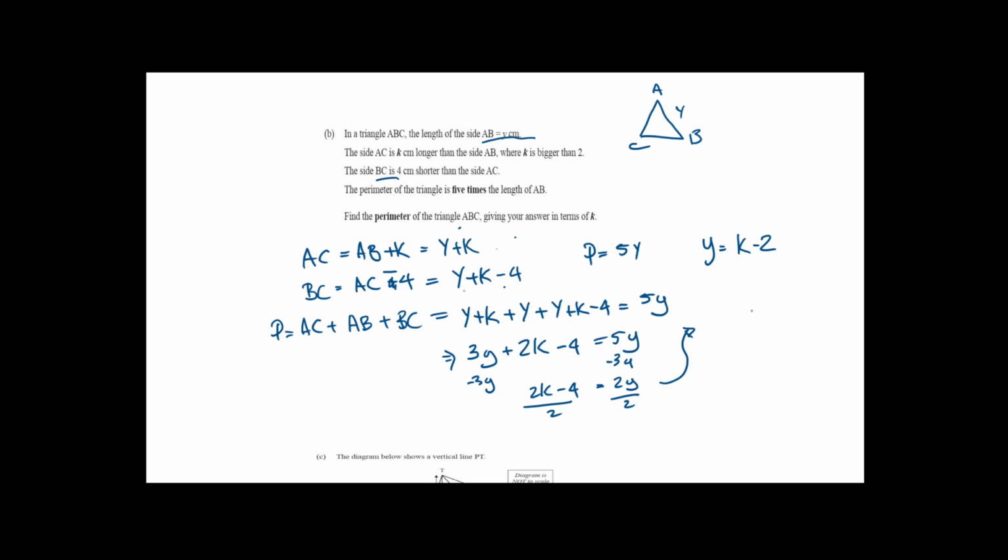Okay. So the perimeter we know is 5y, and if y is that, then the perimeter must be equal to 5 times (k minus 2), which is 5k minus 10. I think that's right, yes. Oh, there you go.